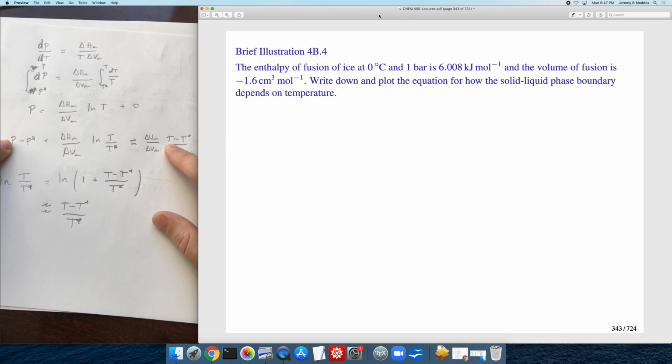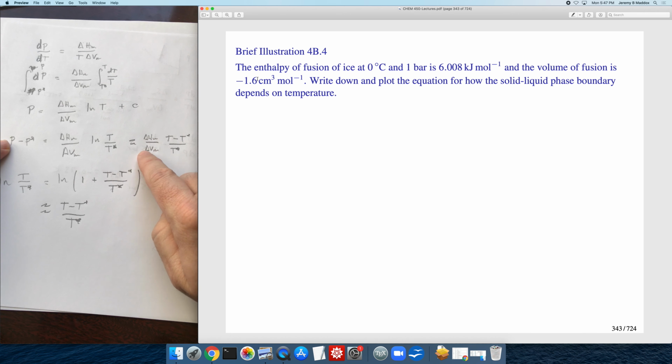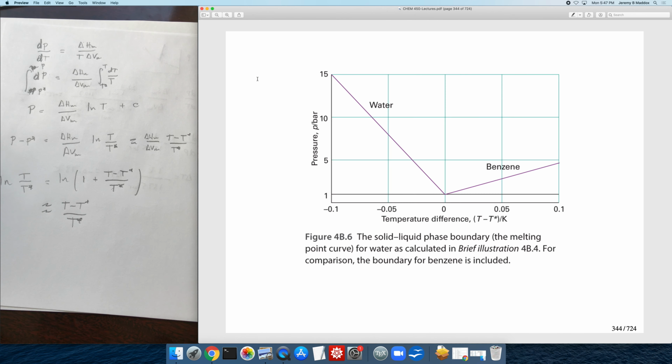And then what you can do is calculate the slope of that line. So you plug in the delta H and the delta V. So you're going to have a negative slope out in front, and you're just going to get a decreasing line for the case of water. And that's what they're illustrating here. So they've got actually two graphs that are being plotted. On the left-hand side, this is the line for water.